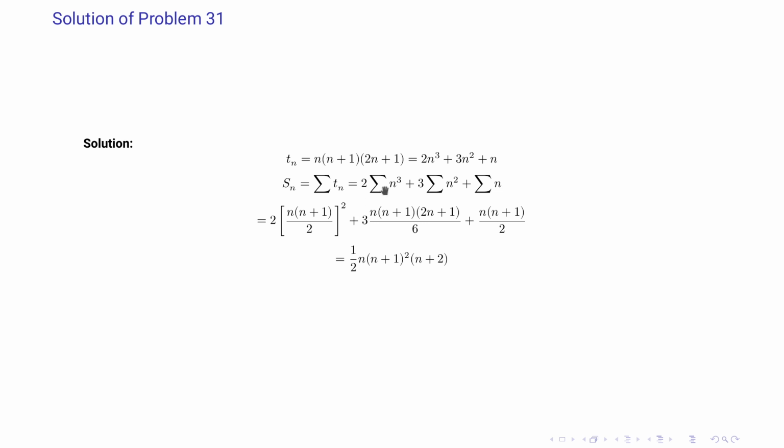We substitute the value of sigma n cube, the sum of cubes of n natural numbers, which is n into n plus 1 by 2 whole square. For n square, it is n into n plus 1 into 2n plus 1 by 6. And for n, it is n into n plus 1 by 2. We solve this to get the final result as 1 by 2 into n plus 1 whole square into n plus 2.